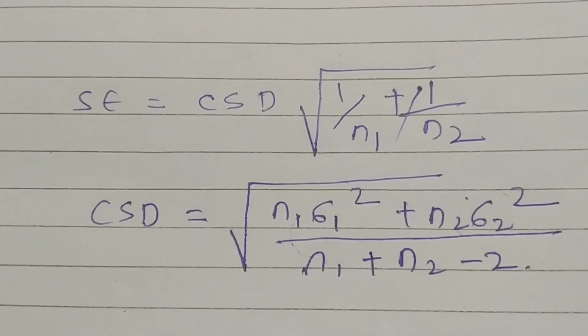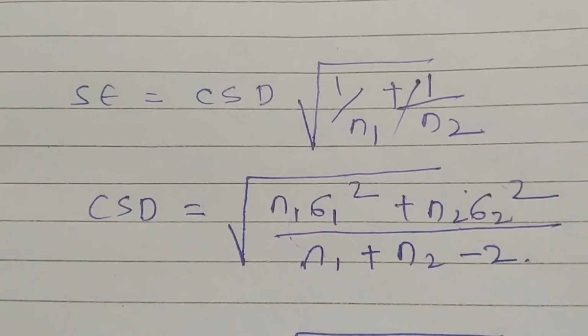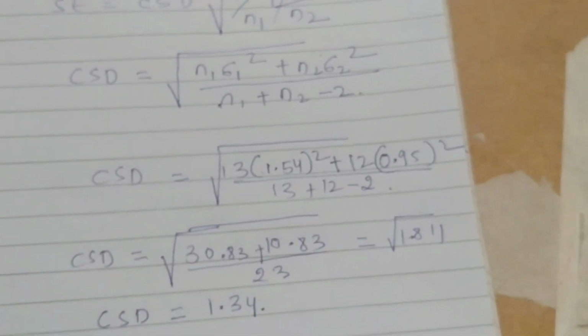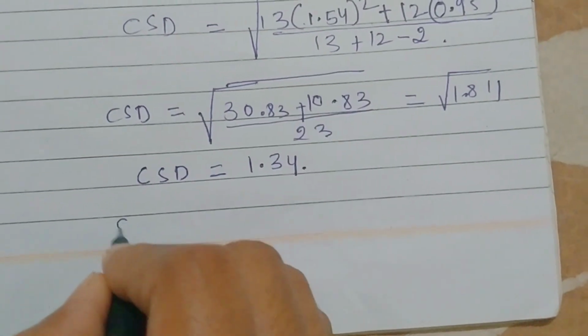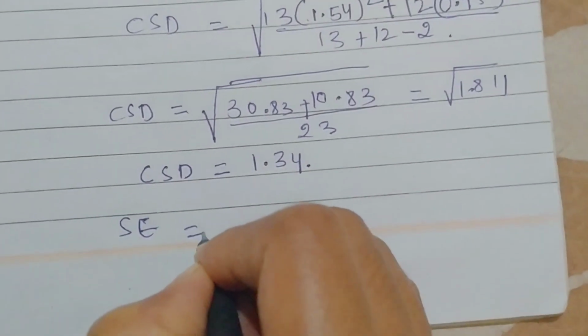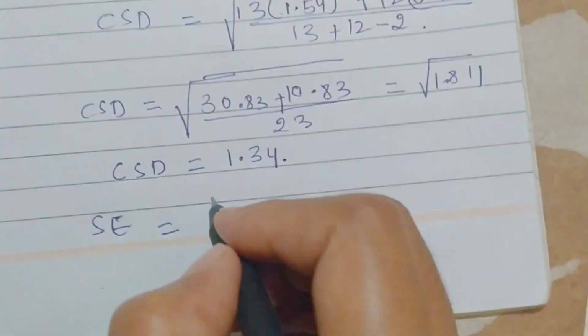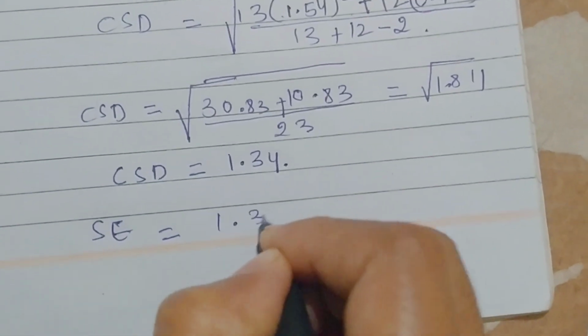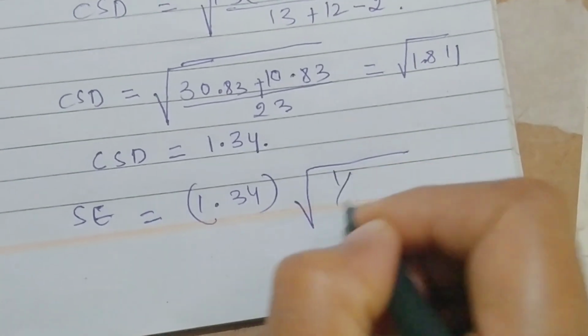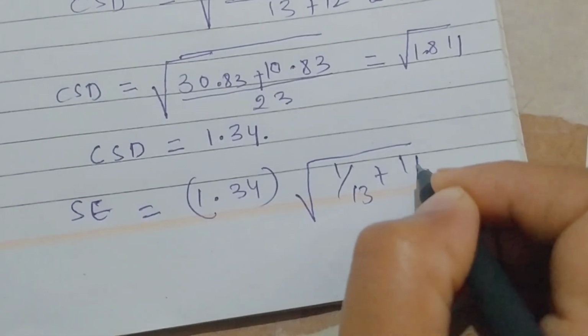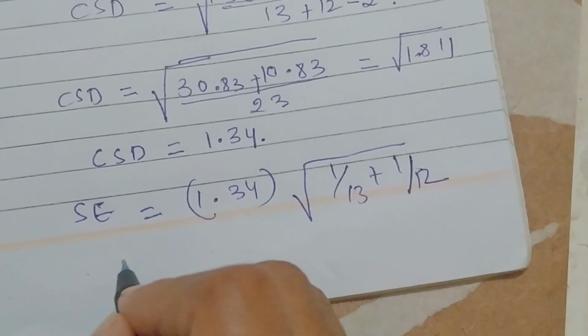Next, in the standard error formula, directly we'll put this value, and we know this value, and we'll put that and get the standard error value. Standard error is equal to combined standard deviation, we have 1.34, multiplied by square root of 1 by 13 plus 1 by 12.